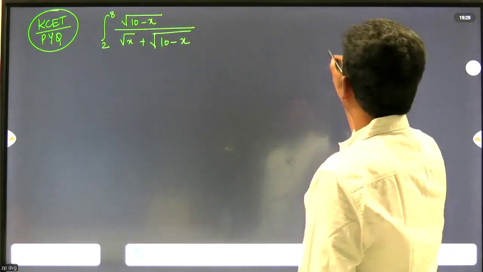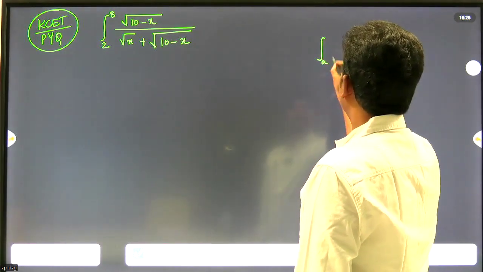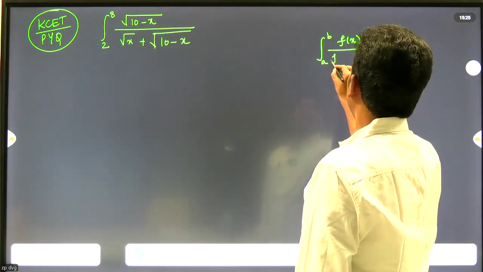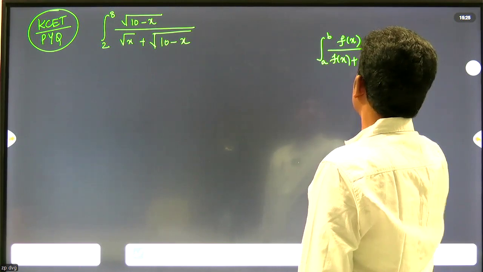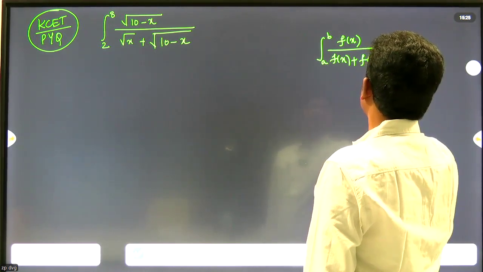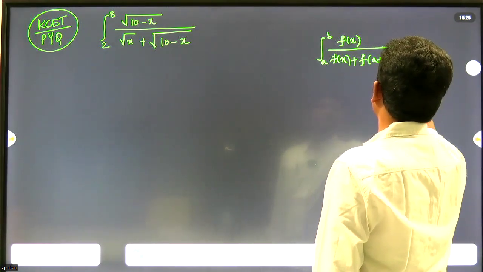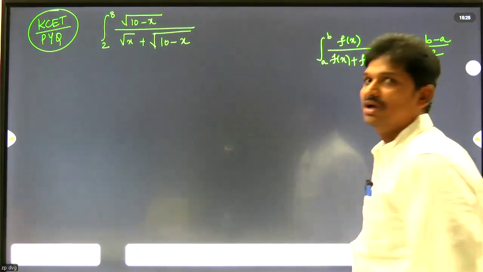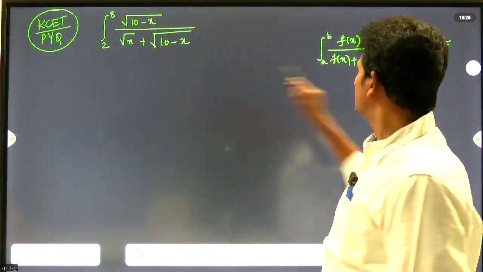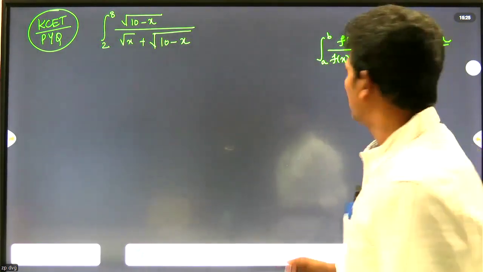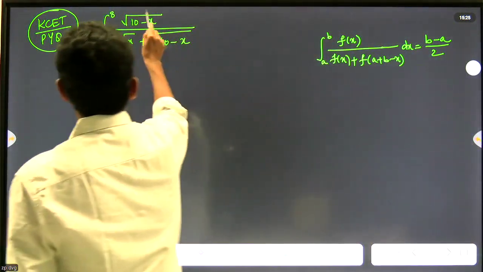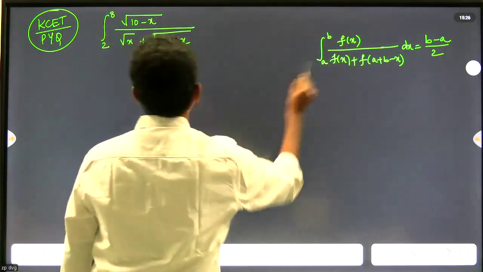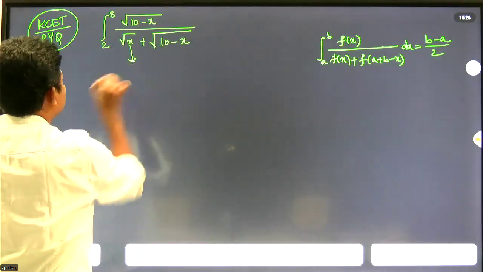First point, what is the formula we learned? Integral of a to b, f of x divided by f of x plus f of a plus b minus x dx. If any problem is of this type, its answer is b minus a divided by 2. How to identify that this problem is of this form? Suppose this is f of x. This is f of x plus, it is a plus b minus x.